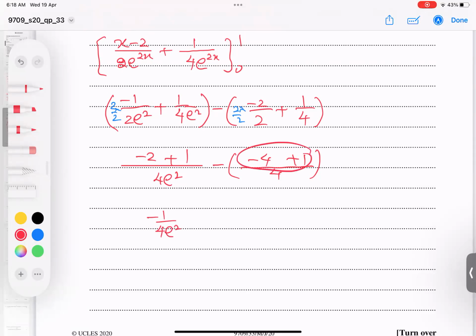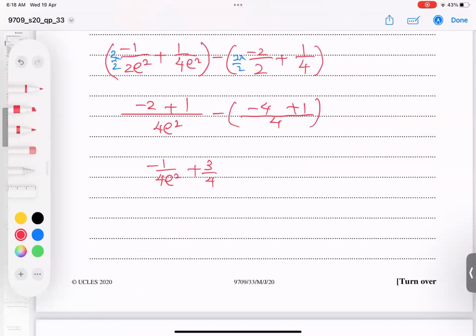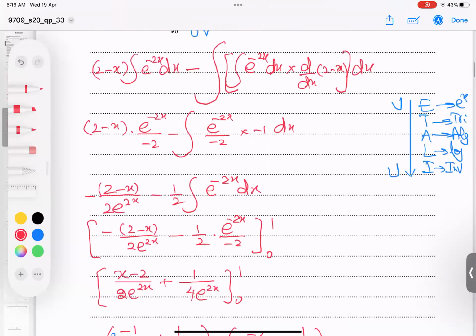And what is coming here? Negative 3, and negative, plus 3 over 4. Now I can stop here, or I can take 4 common out. And what is left here? I'm getting 3 from here and minus 1 over e square here. So Alhamdulillahi Rabbil Alameen, this is my final answer. I hope the point is very clear.